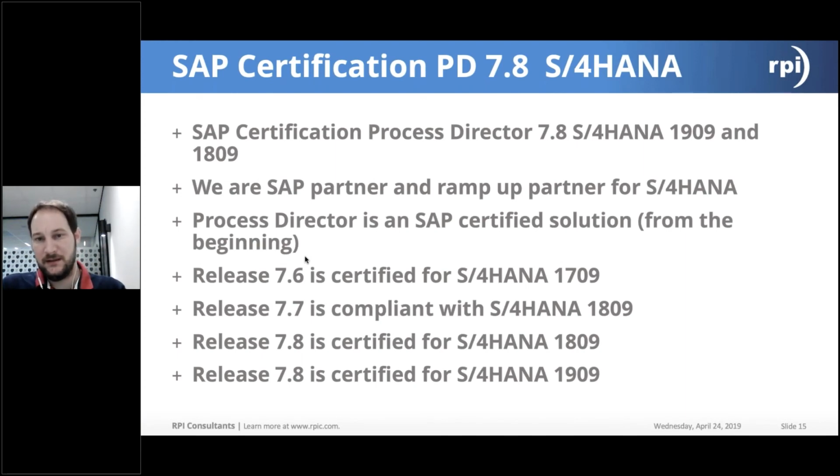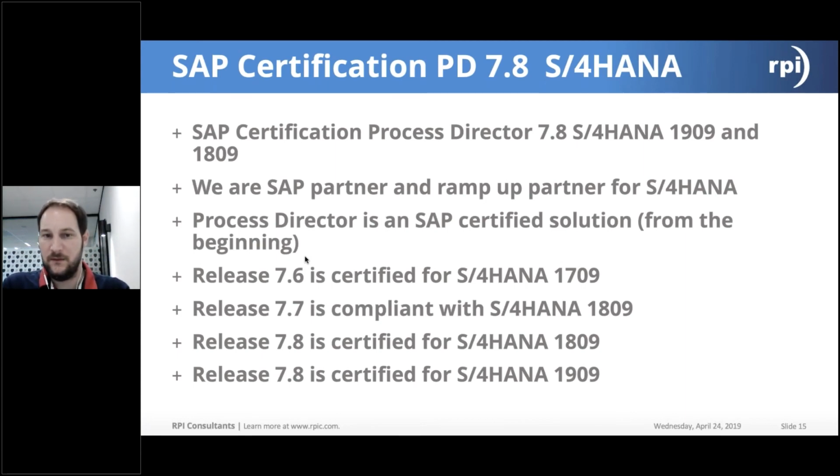Okay. The next big topic is S/4HANA. As you know, every day more and more companies are moving to the S/4HANA SAP version. So a lot of time was spent on doing the different certifications. The first is that Process Director is now compatible and certified with the S/4HANA 1909 and 1809 versions.